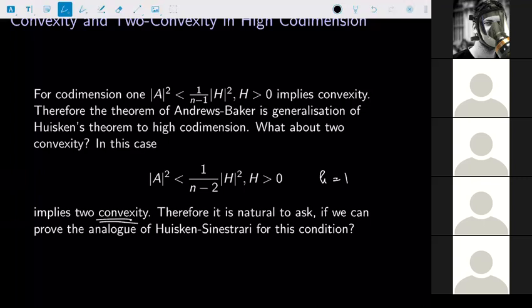Therefore, it's natural to ask if we can prove the analog of the Huisken–Sinestrari theorem for this condition, i.e. can we prove there exists a mean curvature flow with surgery in high codimension, and if so, if the initial submanifold satisfies this initial pinching, is the submanifold diffeomorphic to Sⁿ, or a finite connected sum of Sⁿ⁻¹ × S¹?